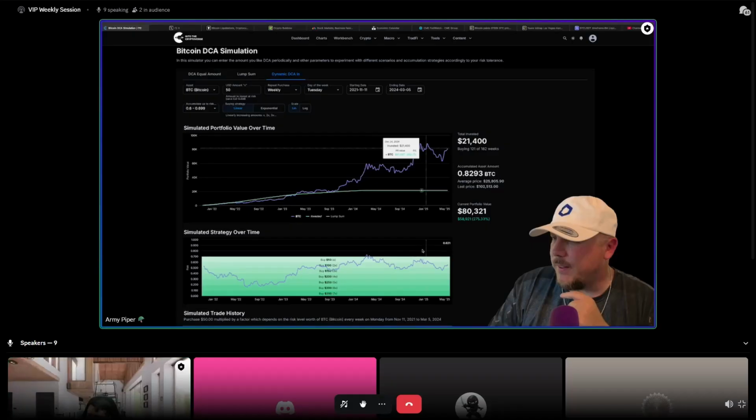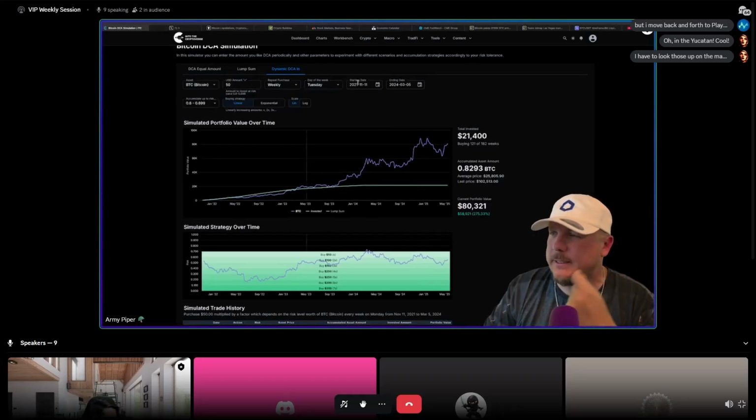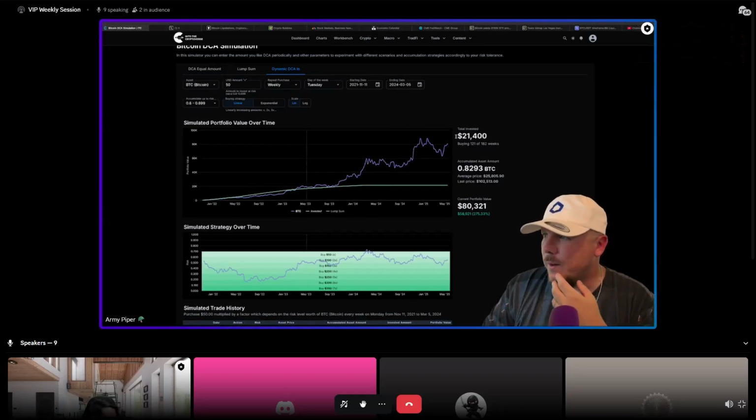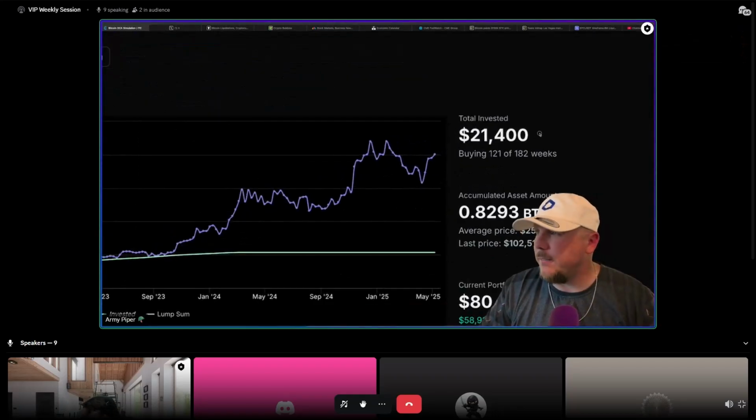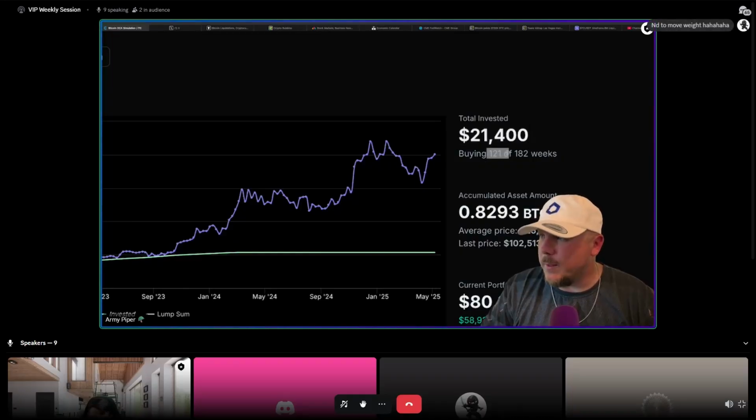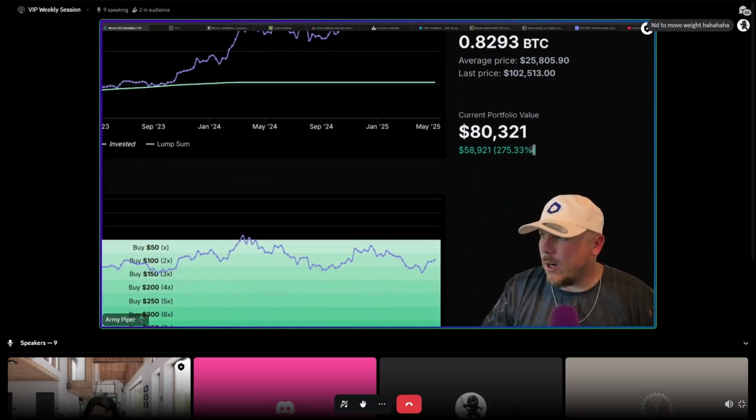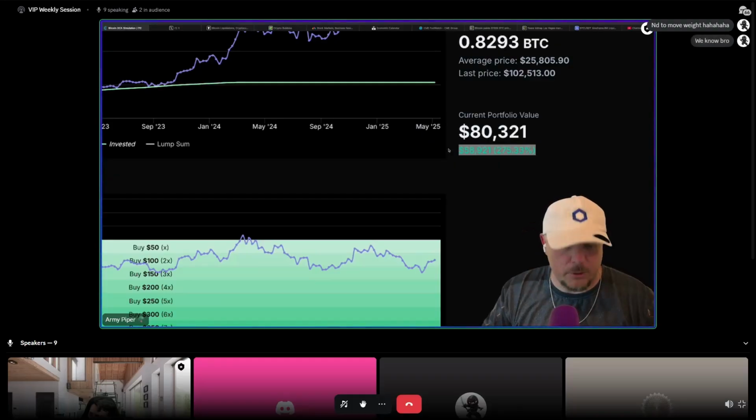If you take a look at this chart, we broke out and hit that profit taking range. At that point, we would sell 30% of our total token count. We're doing $50 weekly dynamic DCA on Tuesdays. We've put in $21,400. We only bought 121 out of 182 weeks. We are up 275%.